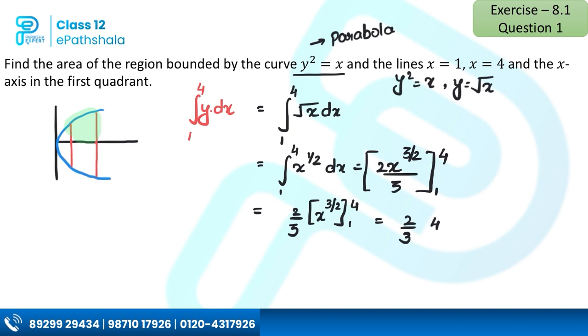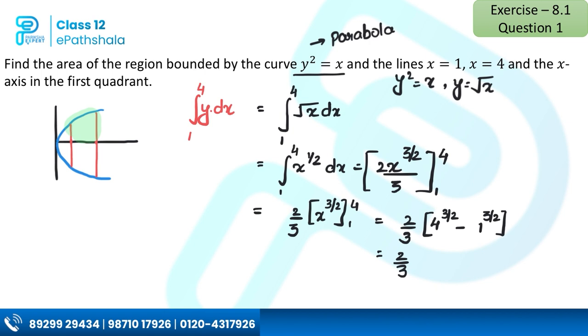It means we are going to write first the upper limit, power is 3 by 2, and then we will subtract by taking the lower limit. This is something that we have already done in definite integrals.